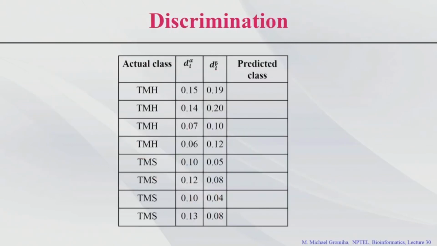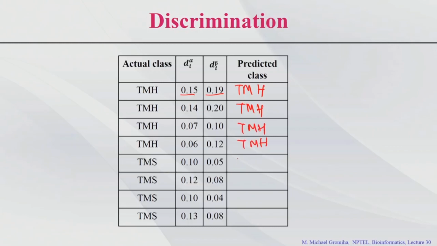For example, if these are the values, you can see the actual class; for alpha it is 0.15 and for beta it is 0.19. So, what is the predicted class? Alpha, TMH. Second one? TMH. Third one? TMH. Fourth one? TMH.